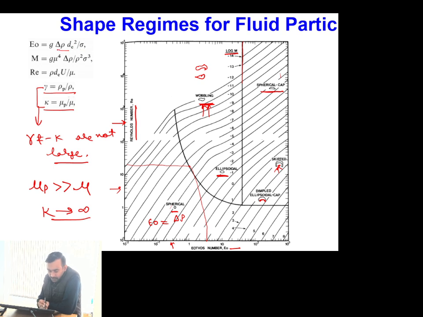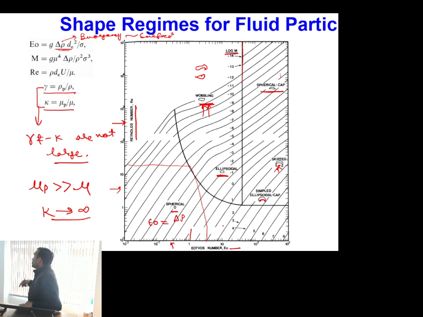In the numerator we have gravity or buoyancy forces, and in the denominator the surface tension force. So when your Eötvös number is less than 1 or close to 1, which force will be dominating? Surface tension. Once surface tension dominates over buoyancy, the shape of the droplet will be spherical. So this point is clear.